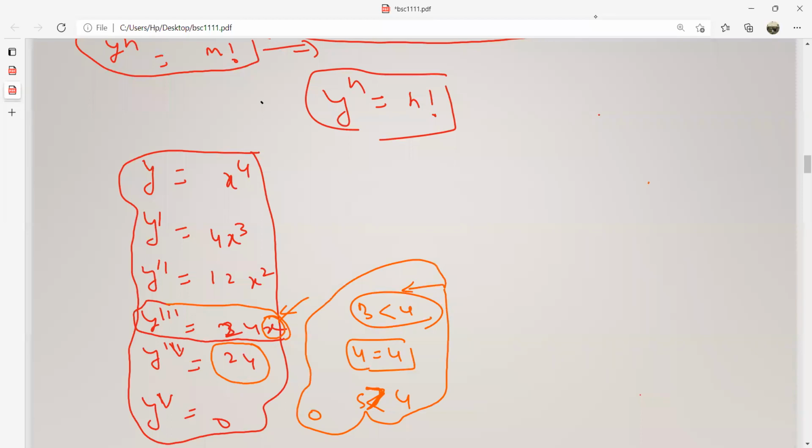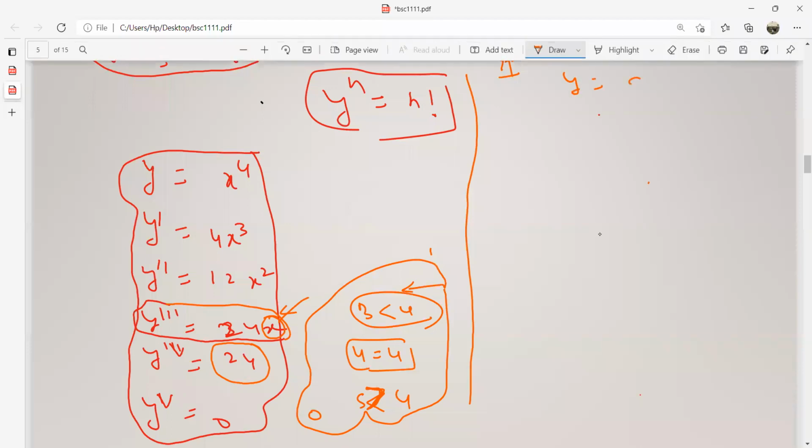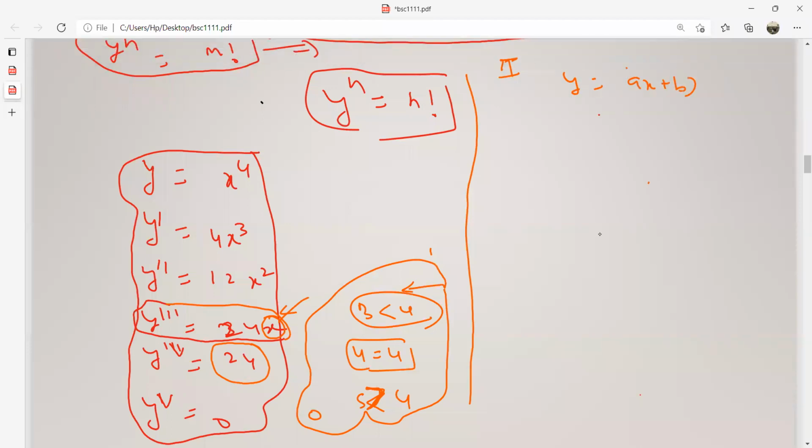Now our next formulation, I write down here. Second type. Suppose you are given y equal to (ax plus b) to the power m. Here also m is greater than n. So again you have to find the derivative of this function.